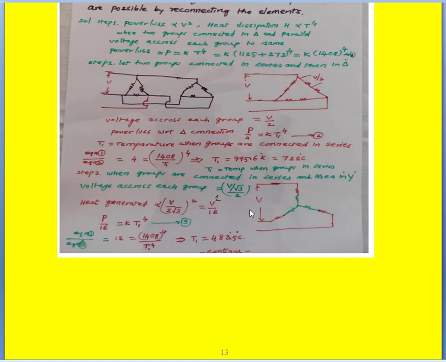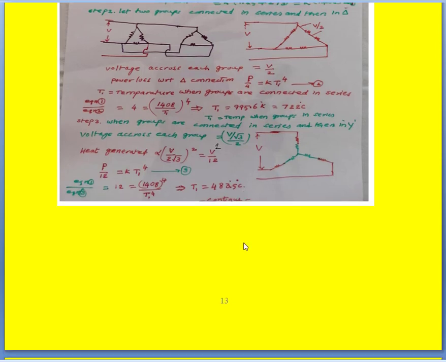So once the voltage drop across an element of the group reduces, automatically the power also reduces. Once the power loss reduces, automatically the temperature also reduces. Earlier it was 722 degrees centigrade, whereas now here it is 483.5 degrees centigrade.